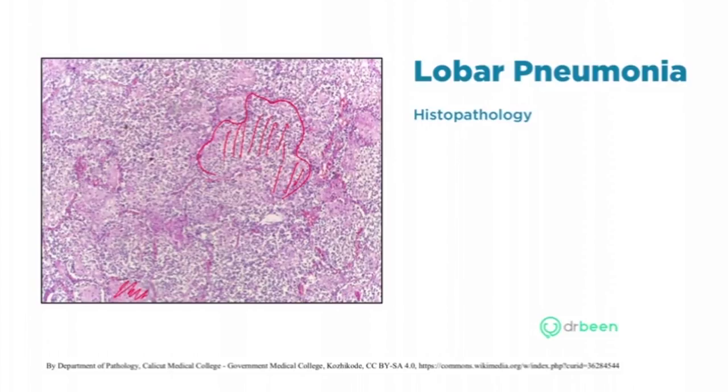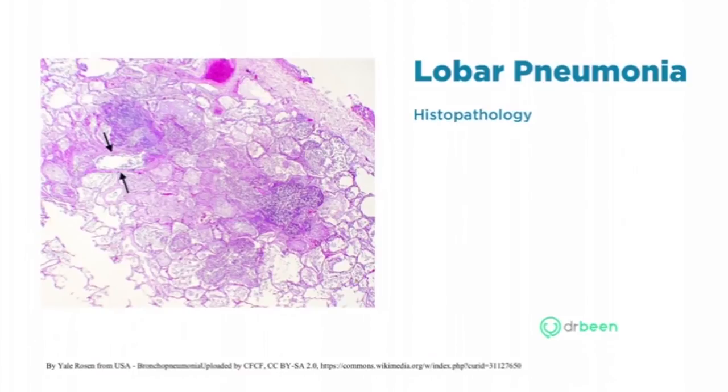The whole thing is consolidated. There is no air exchange space anymore. Alveoli are filled with these cells and the proteinaceous material. So we'll call it consolidated lung or consolidated area. I don't know if it is patchy or if it is full lobe. If it is patchy, then it would be bronchopneumonia, and if it is full lobe, then it would be a lobar pneumonia.